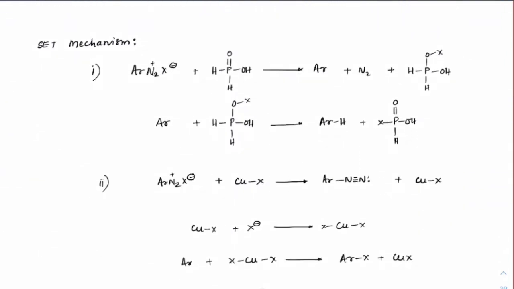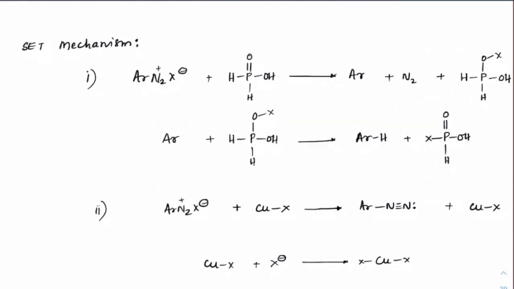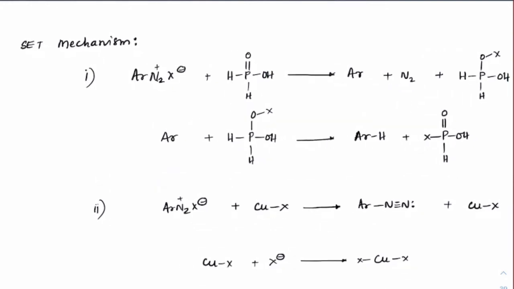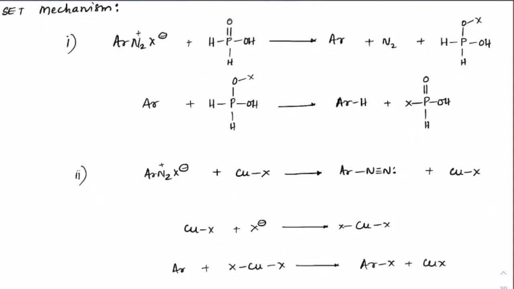Suppose I take the diazonium salt; first we'll take H3PO2. In case of H3PO2, what we can expect here is that first this X minus which is present will try to attack on oxygen, with phosphorus trying to get that negative charge on it.